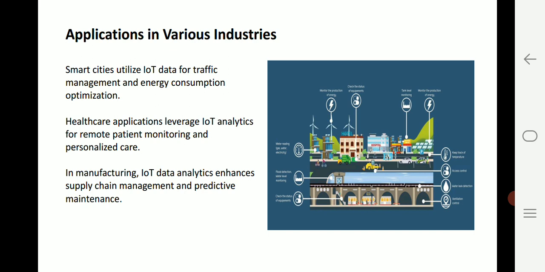So how the IoT architecture will be used in industries, let us discuss that. Smart cities utilize IoT data for traffic management and energy consumption optimization. Second one is healthcare applications, which leverage IoT analytics for remote patient monitoring and personalized care.